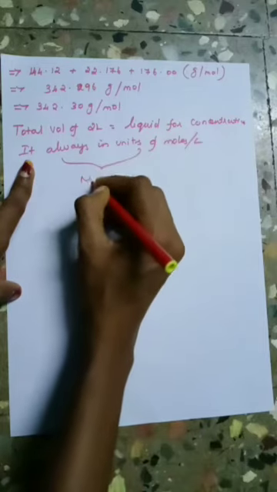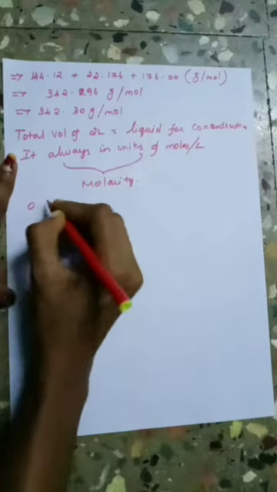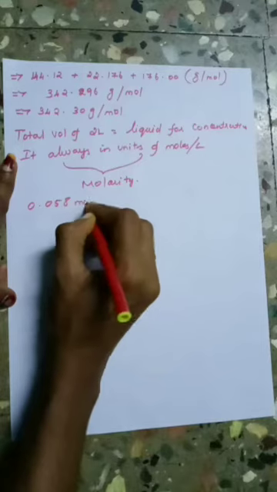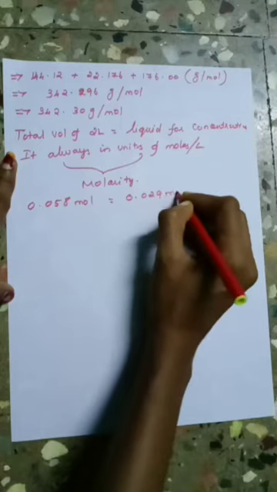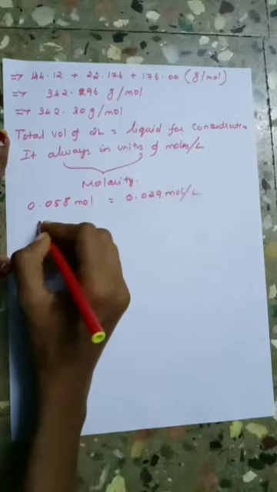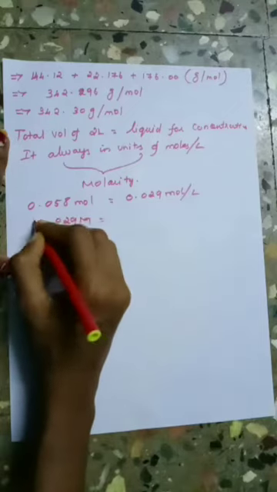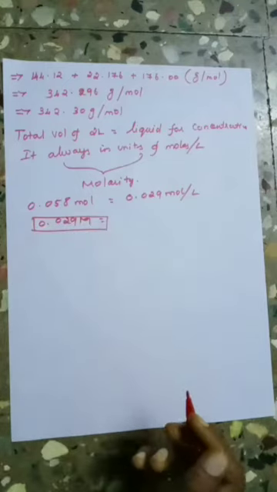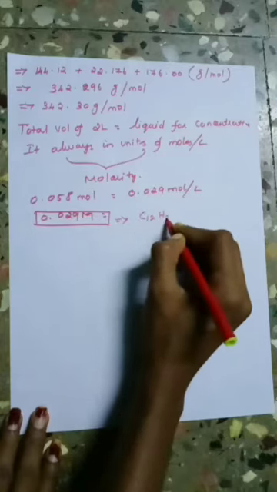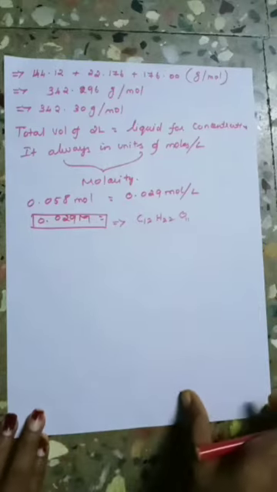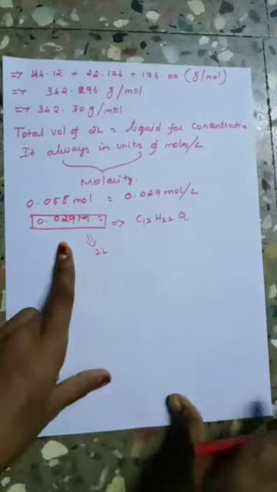We have already studied this definition in the molarity topic. So the answer: 0.058 mole divided by 2 liter is equal to 0.029 mole per liter of sugar, that is C12 H22 O11. Correct? So finally we get the answer. This is for the 2 liter value.